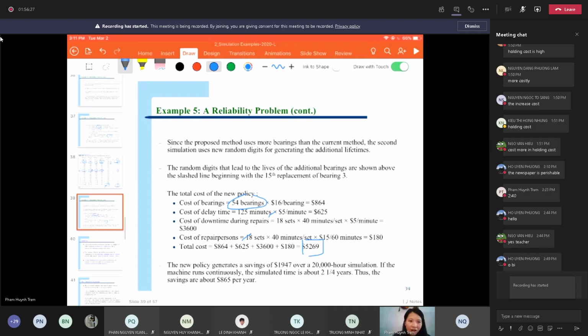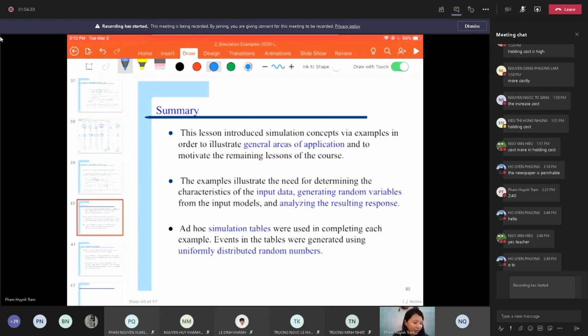We see one way of generating random variables, and then how we analyze the simulation results. How should we look at different statistics? All the results are random. We look at a statistic like the average one.